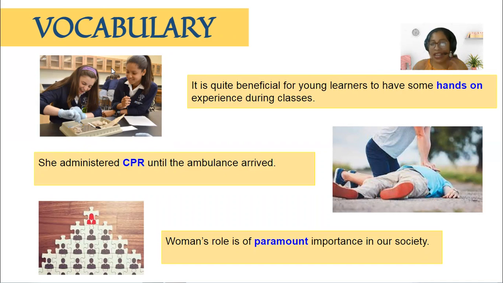We need to practice, we need to go to the kitchen and have some hands-on real experience, okay? Burn the cake. Yes, burn the water, teacher, okay. But we need some hands-on experience, right?